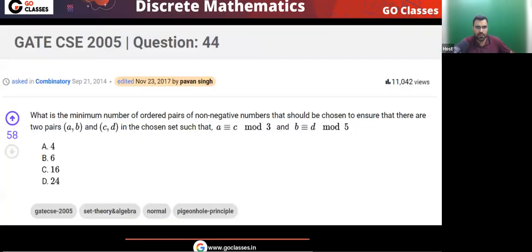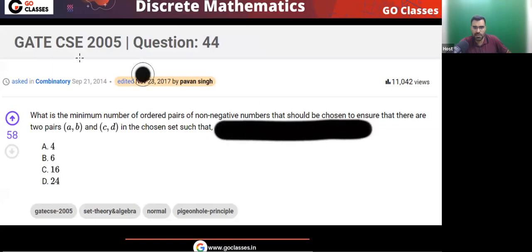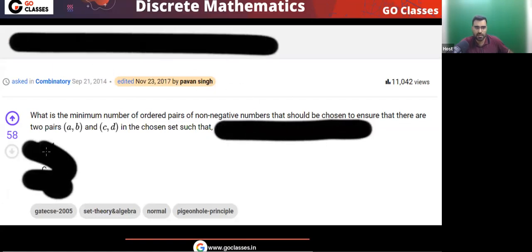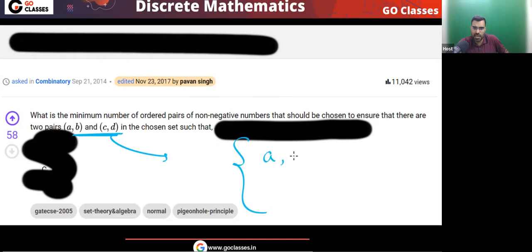See, if I give you this variation, let me give you this variation: A comma C have the same parity or B comma D have the same parity.